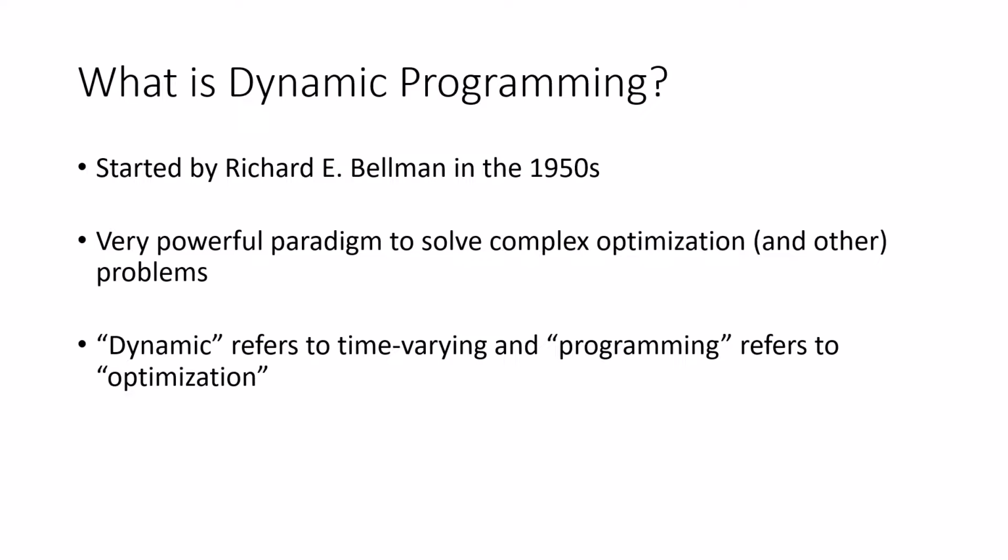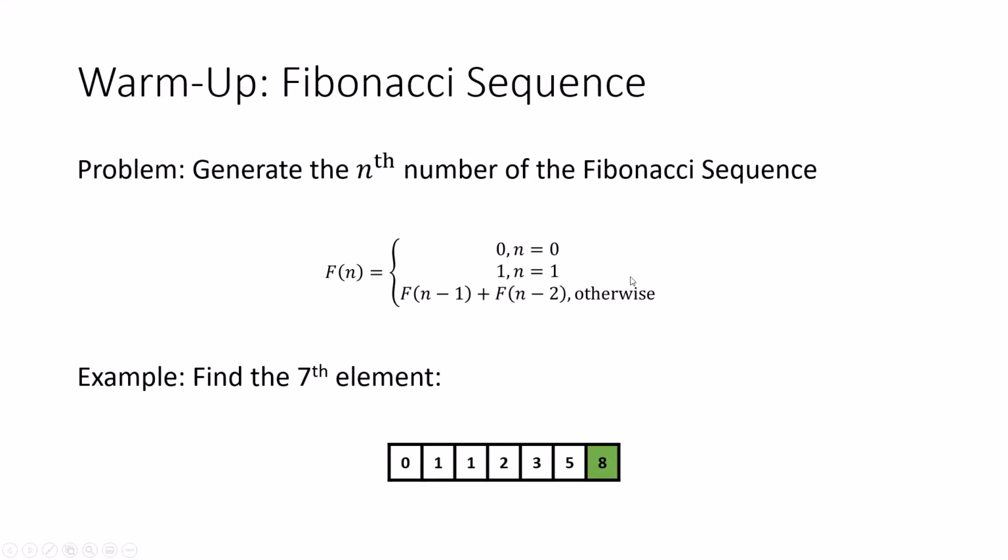So to recap, dynamic basically corresponds to multiple stages in your solution that will change based on how the algorithm goes, and the programming just refers to finding an optimal solution out of several alternatives. And you're going to see very soon what that means.